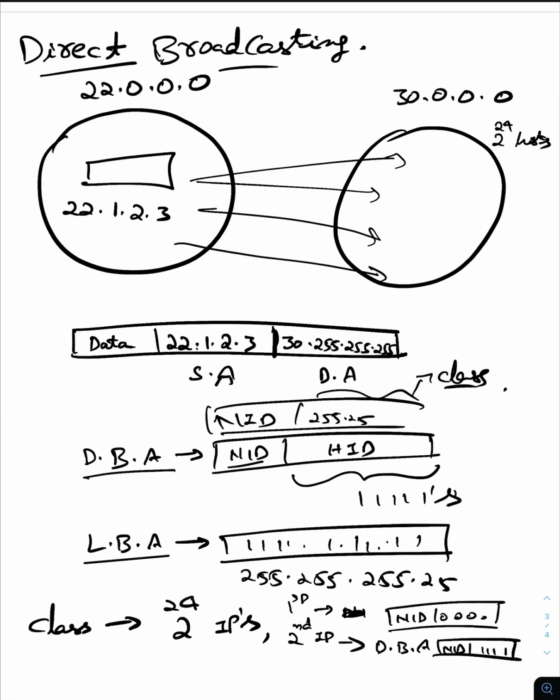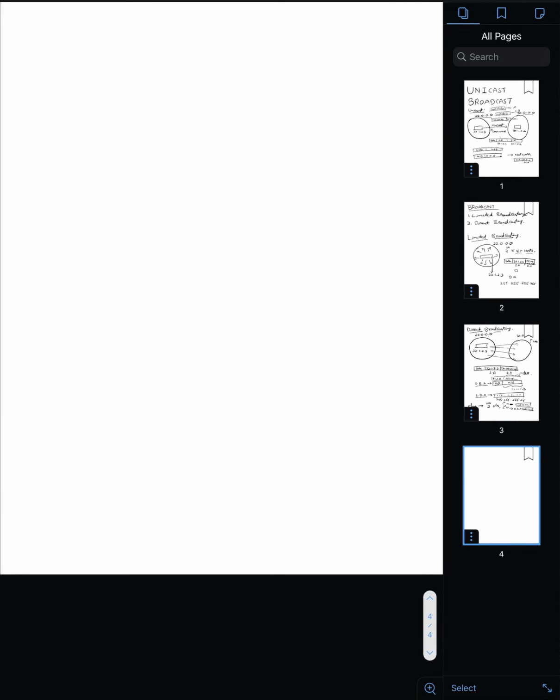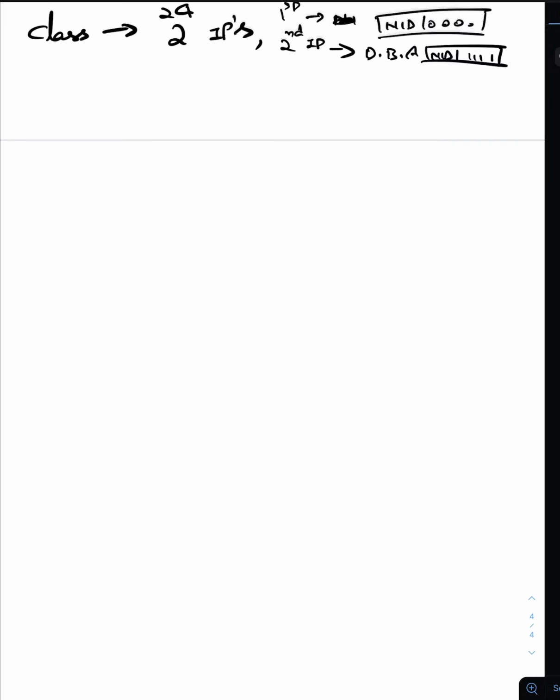Here I'll give you examples of different classes, and I'll discuss the network ID part, direct broadcast address, and the limited broadcast address. Let's explain with an example in a table. You know for class A, the first 8 bits start with 0 in binary.